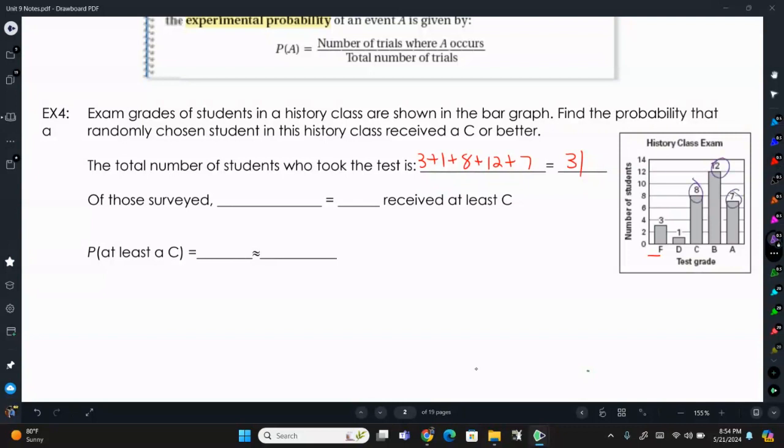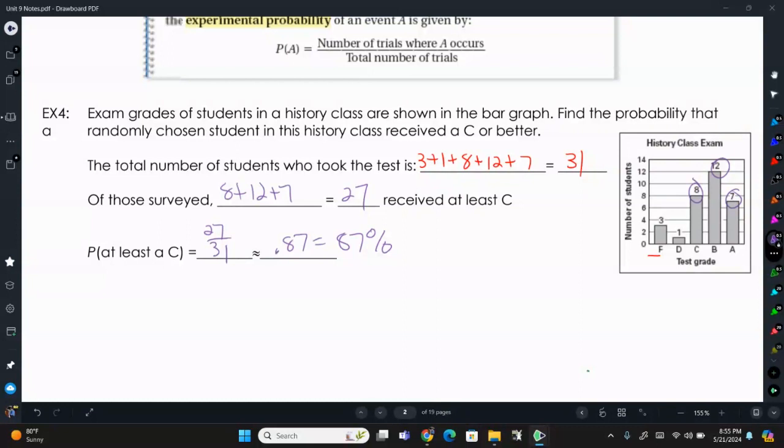So that's 8 plus 12 plus 7, which is 27. So the probability that a student earned a C or better would be 27 out of 31, which would be approximately 0.87 or 87%.